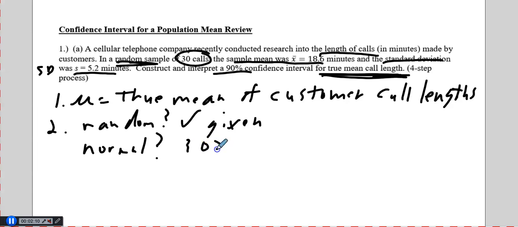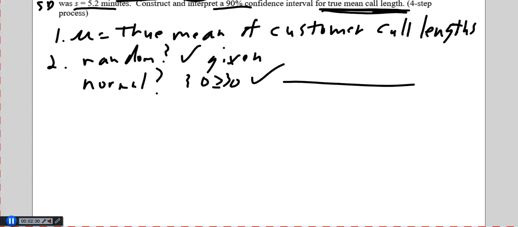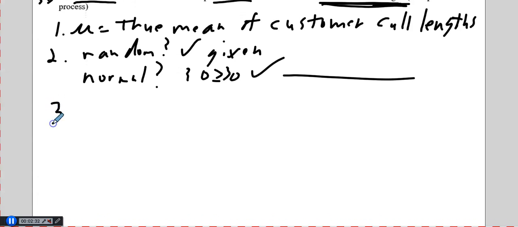And we say 30 is greater than or equal to 30, so check. And remember, it doesn't have to be greater than 30, it has to be greater than or equal to 30. So since we have 30, we're good. If it was 25, right here, we would say, proceed with caution. But we're still going to move on because it's just too much fun to deny ourselves.